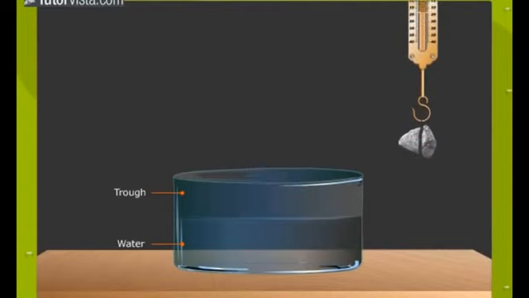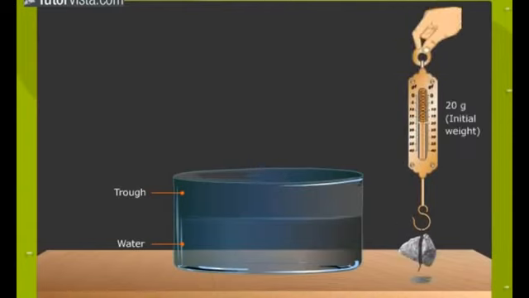We observe that the spring balance reading is slowly increasing. This shows that any object partially or wholly immersed in water or any fluid experiences an upward force called buoyant force, and this force is responsible for the apparent loss of weight of the body immersed in it.